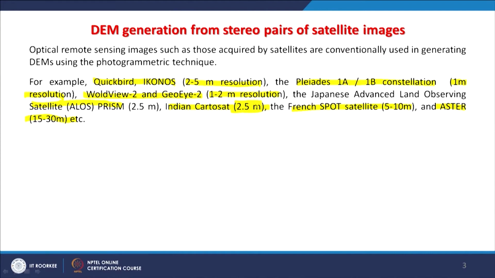starting from SRTM-DEM, which is available at 30 meter, ASTER, which is also available at 30 meter, and then our CARTOSAT for entire India is also freely available at 30 meter. Though if you buy the data and process it using photogrammetric techniques, you can definitely create a digital elevation model at 2.5 meter, but that will cost.